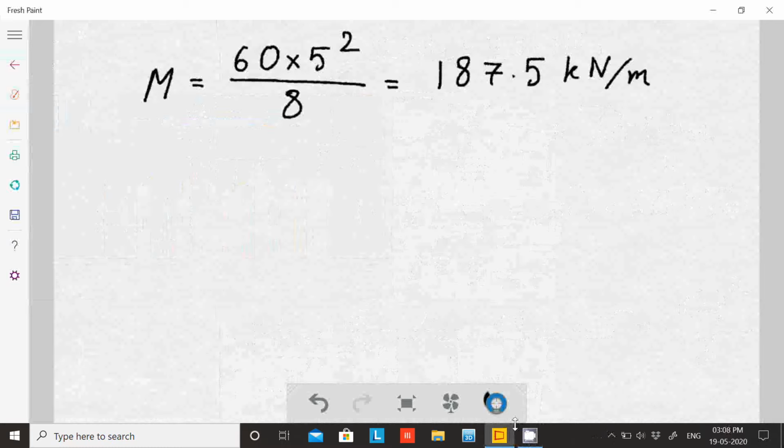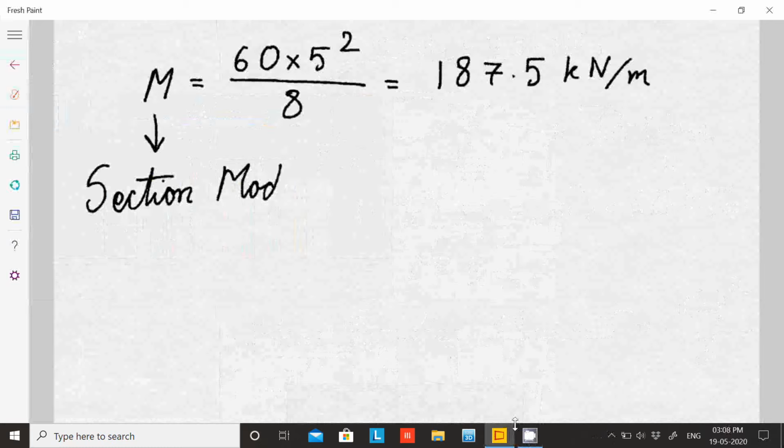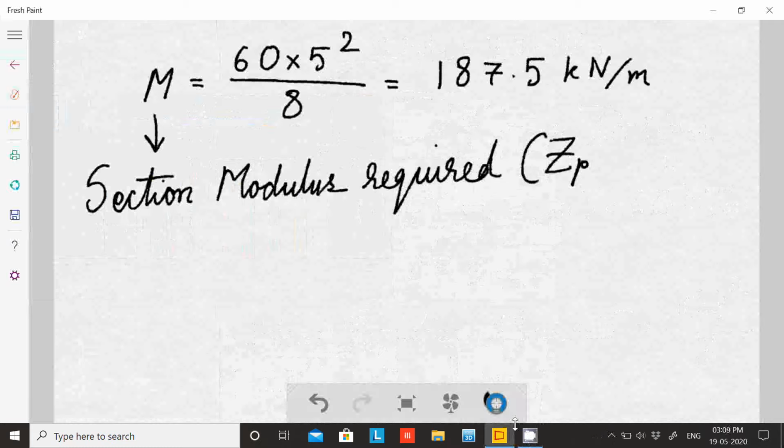Okay, so from the moment we have to find out the section modulus required, ZP required.